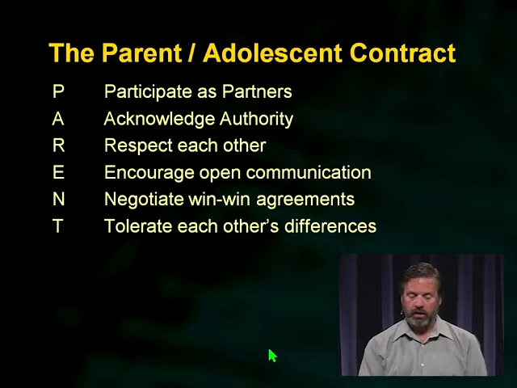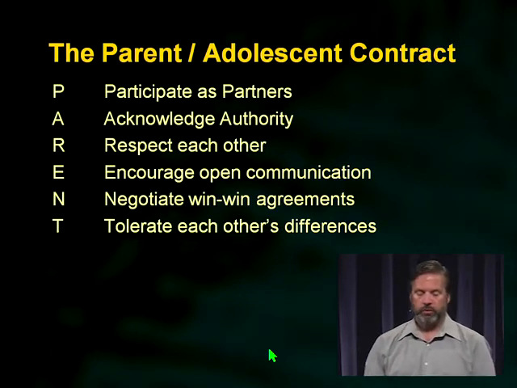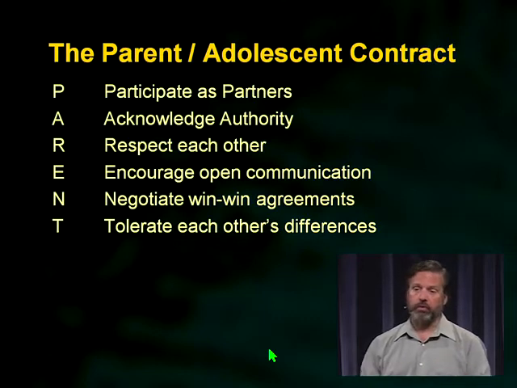So this is one acronym that I found that I thought was useful. It's called the Parent-Adolescent Contract, and it's about how to develop rules, how to develop understandings and expectations with your kids. And so participate, acknowledge that there are authorities that need to be respected. So whether it's school officials or police or the parents, there needs to be an acknowledgement on the adolescent's part that there are authorities whose rules need to be followed.